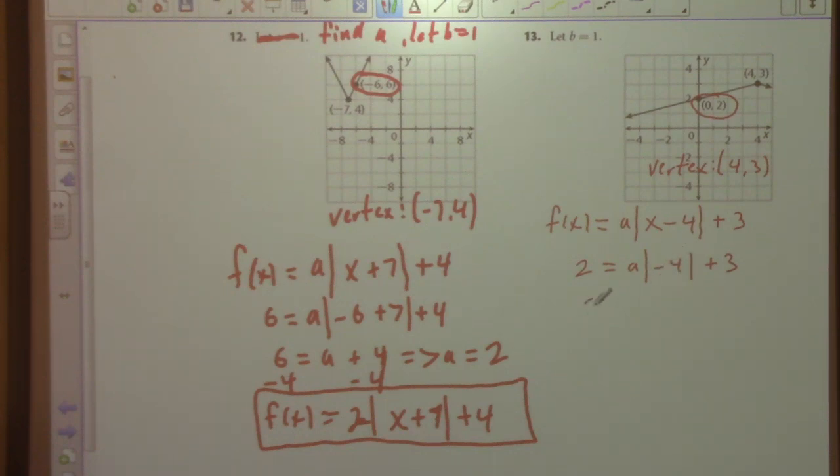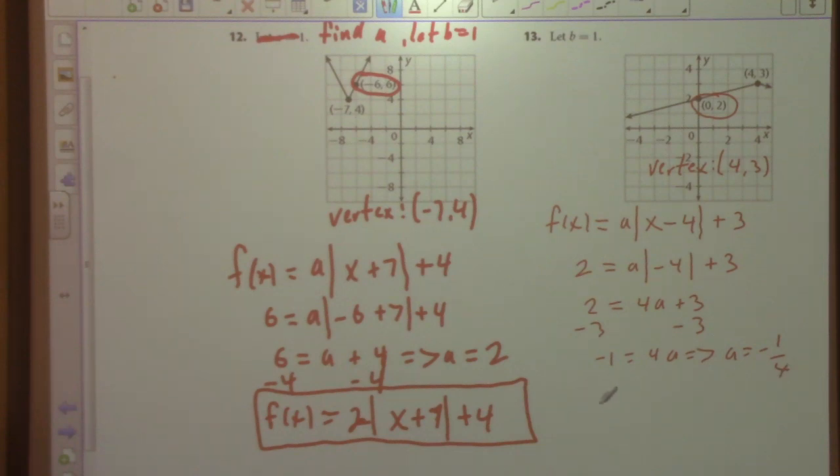So 2 equals 4A plus 3. Minus 3, so we get negative 1 equals 4A. So A is equal to negative 1/4.